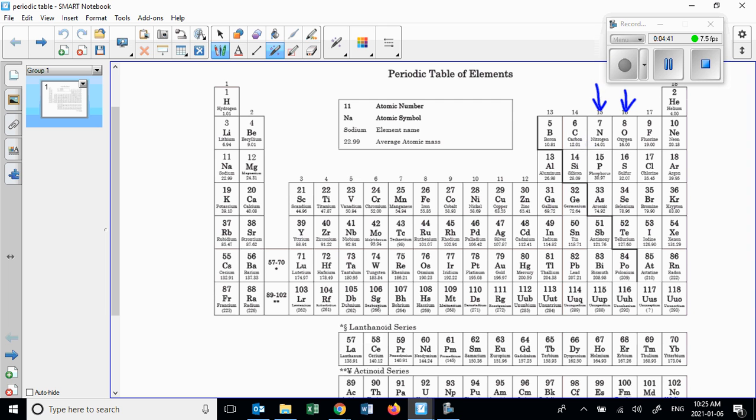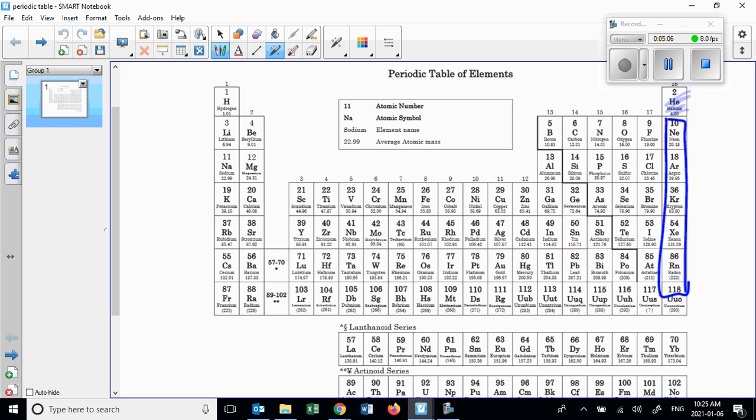In the 16th column, I think you see the pattern, there's 6 valence electrons. We did two from the 17th column, chlorine and iodine. They both had 7 valence electrons. Lastly, the 18th column, with the exception of helium, there's 8 valence electrons, a complete shell for these guys.